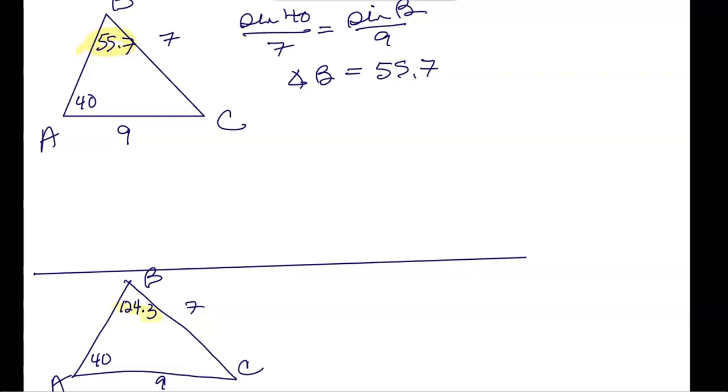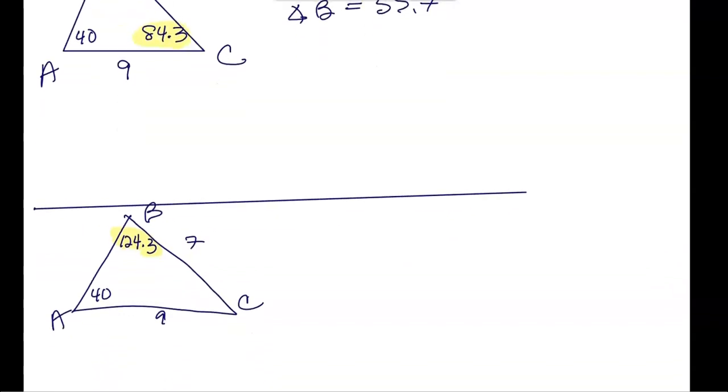That works for a triangle. Find the missing angle in each one by doing subtraction, and you will be getting 84.3 in the first triangle, and you will get 15.7 in the second triangle.